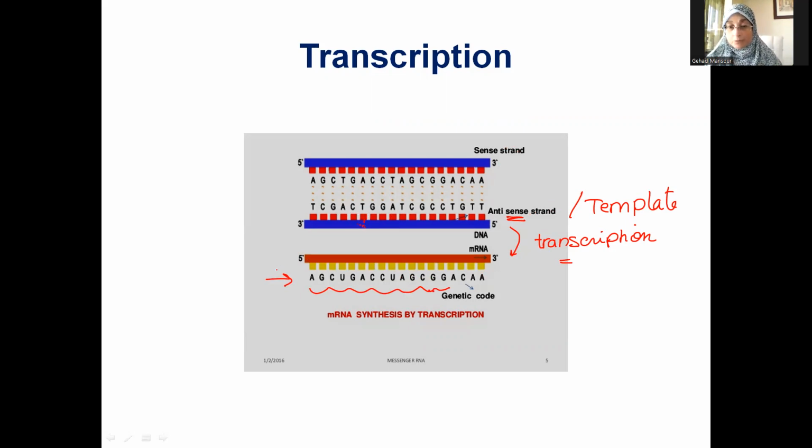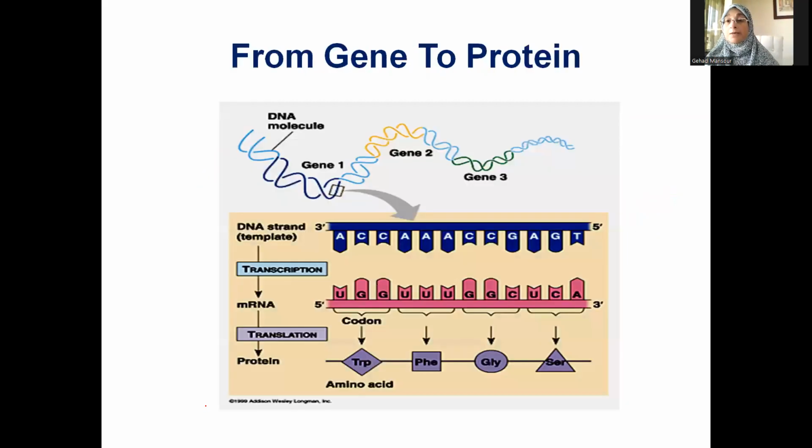Of course, this one is complementary to that one, but if you compare this one to the sense strand, you will see that they're almost similar, except for one difference, which is having uracil instead of having thymine.